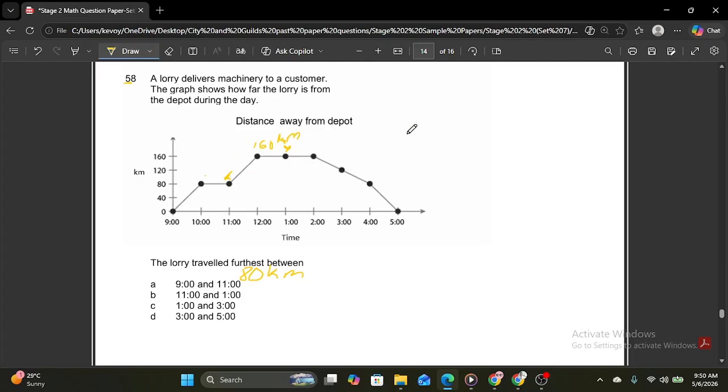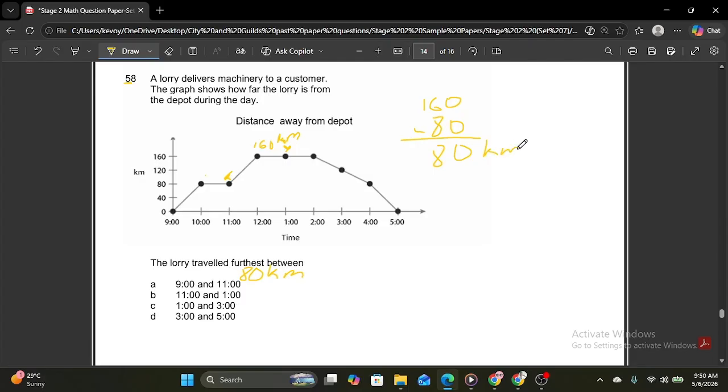How far did he travel? Well, all you have to do is subtract. From the starting point, he was already 80 kilometers away from the depot. So to get from there to 160 kilometers, you just subtract: 160 minus 80 is 80 kilometers.